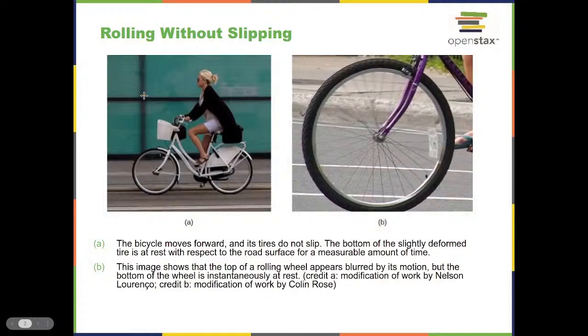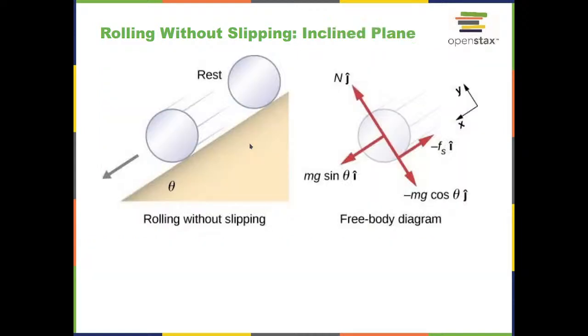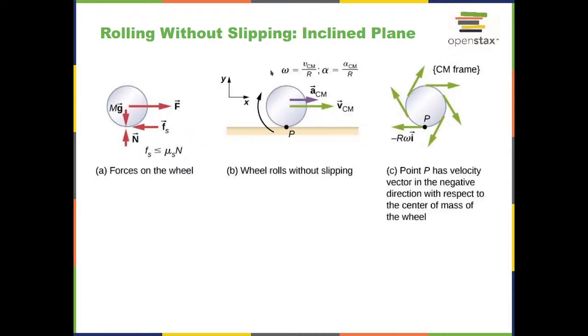So if there's no velocity at the point of contact, we can write the velocity of the point of contact, using this figure here, in terms of the motion of the center of mass of the wheel and the motion of the point on the wheel that is rotating around the center of mass.